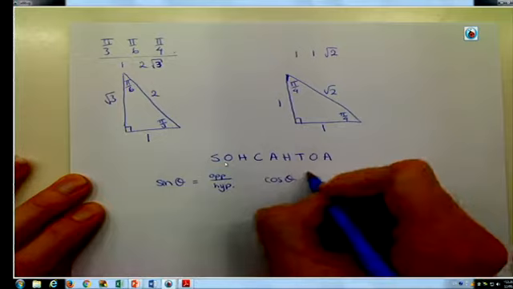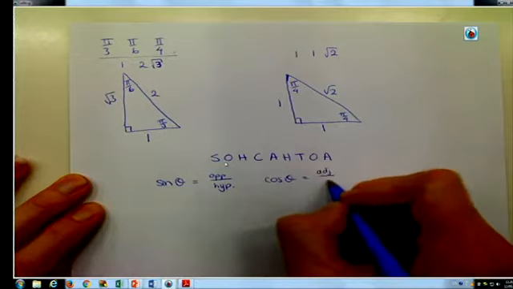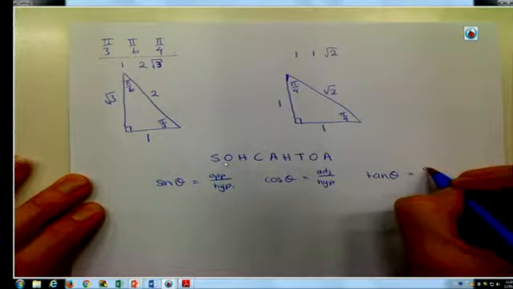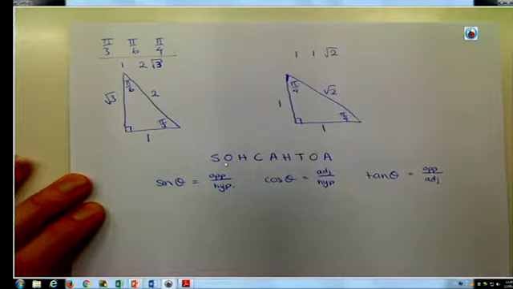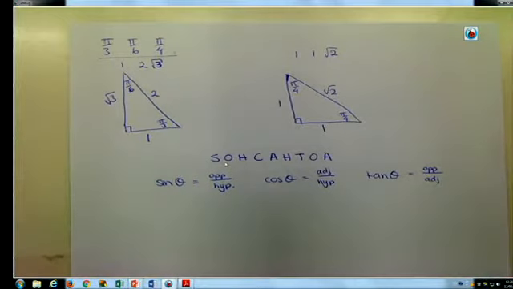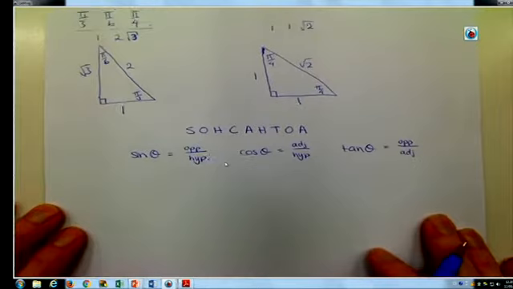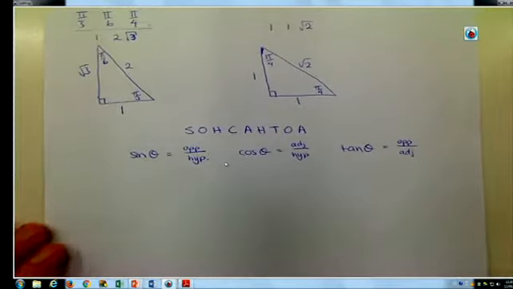Cos theta is adjacent over hypotenuse. Tan is opposite over adjacent. Alright, so now we've got the two triangles and we've got our some old hags.